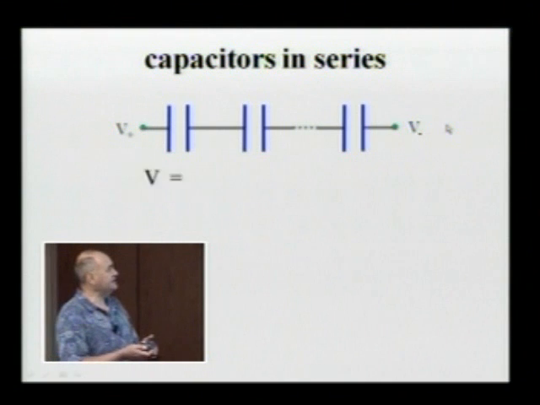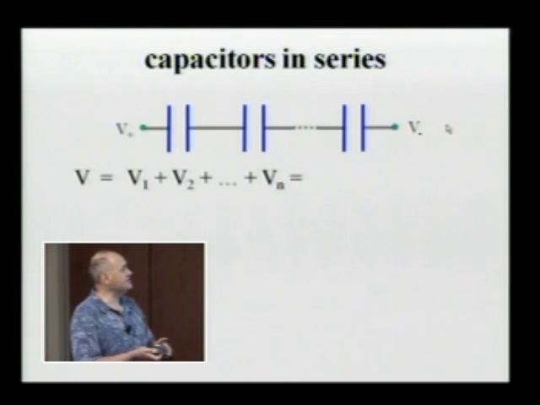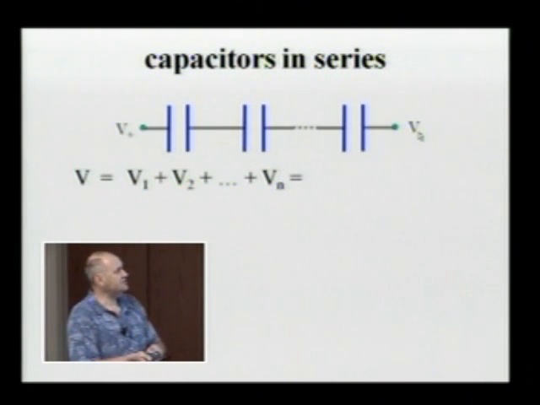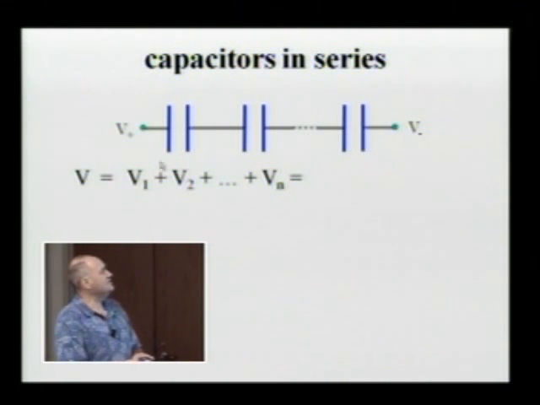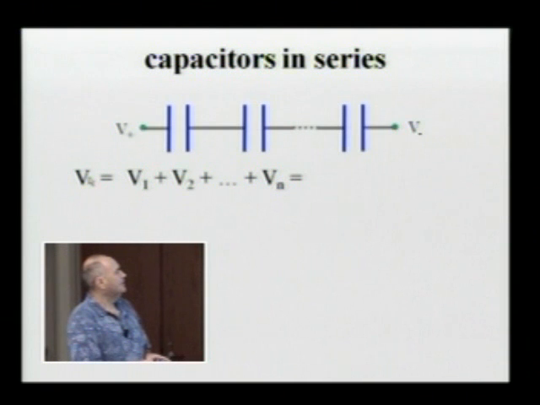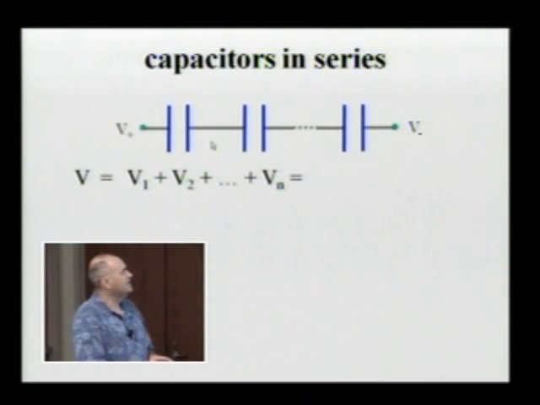Now, if elements are connected in series, I can recognize that the potential difference between this point and this point is equal to the potential difference between this point and this point, plus the potential difference between this point and this point, and so on. Think about just two capacitors in this series.